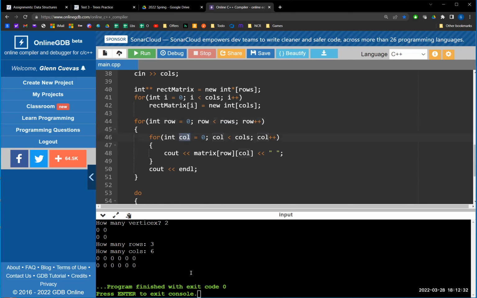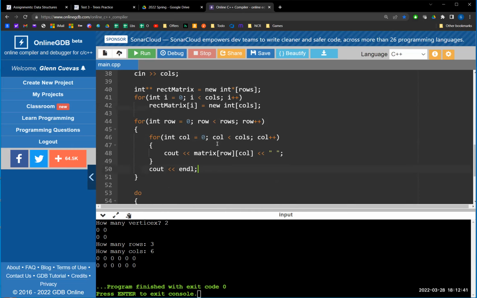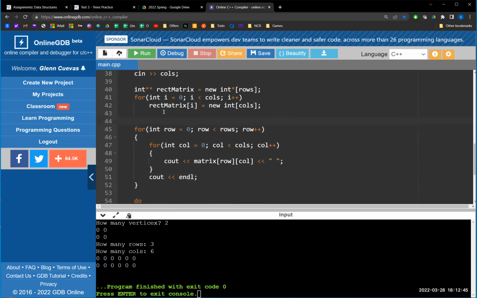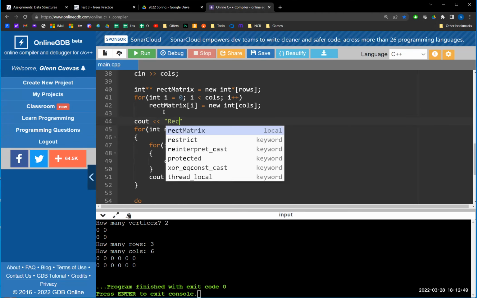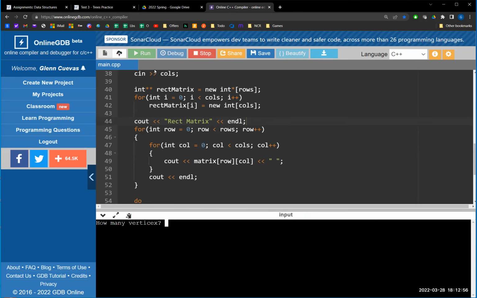All right, who sees my bug? Because I am not seeing it. Let's get some extra output here. Make sure I'm in the place that I think I'm in. How many rows? 3 and 6.